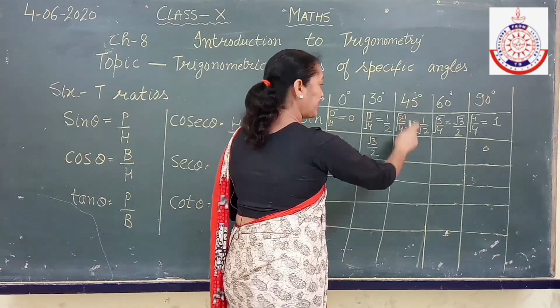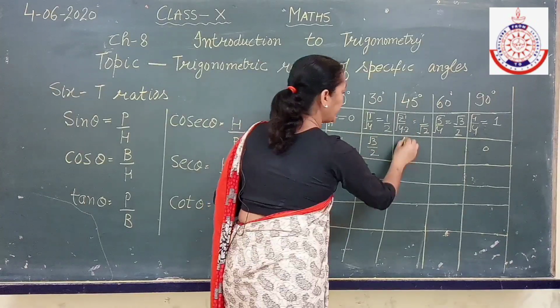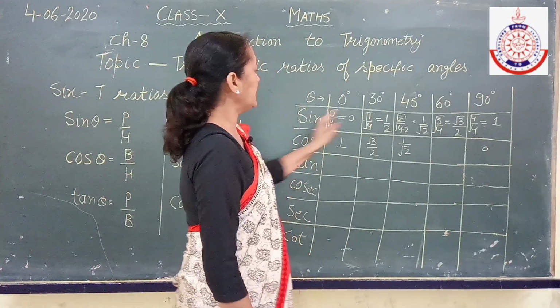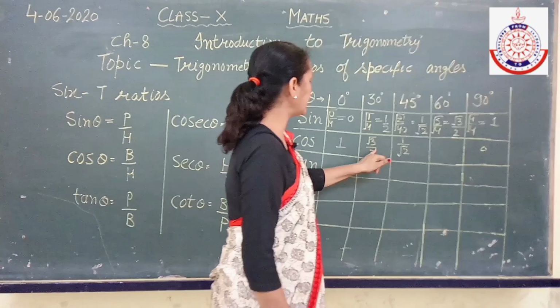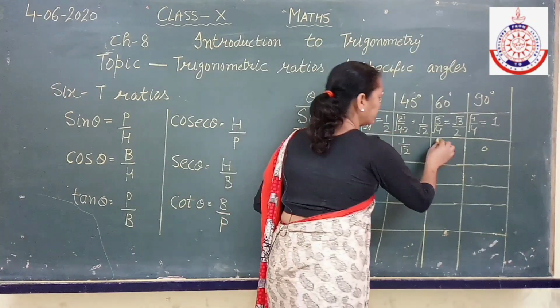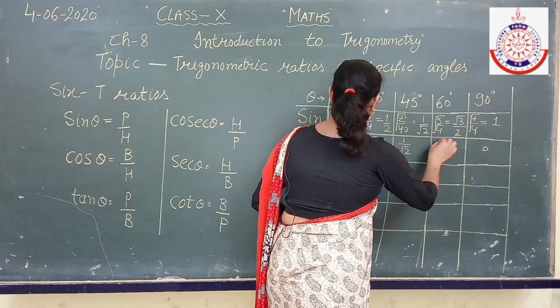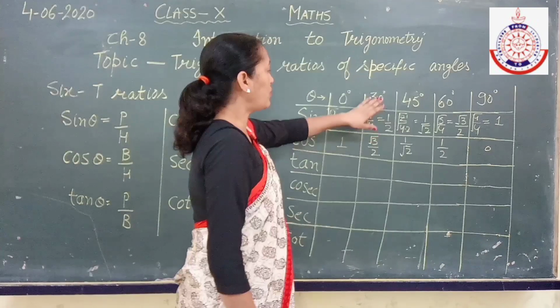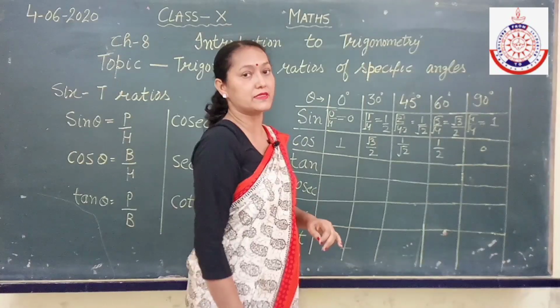Sine 45, and here also cos 45, same value. Then sine 30 will come as cos 60, that is 1/2. This is a combination of complementary angles.